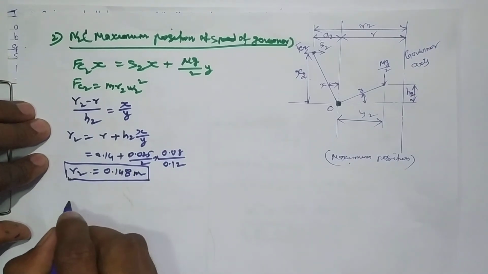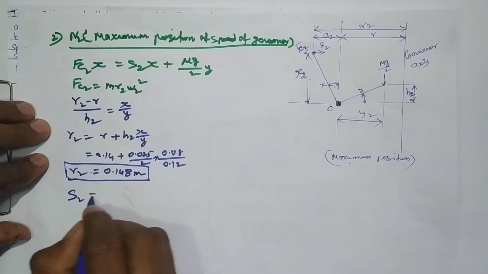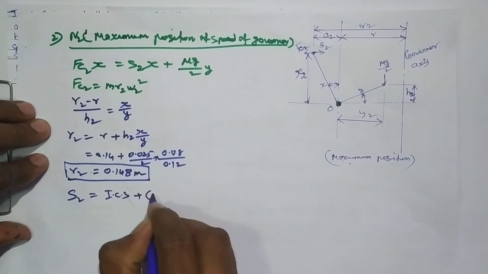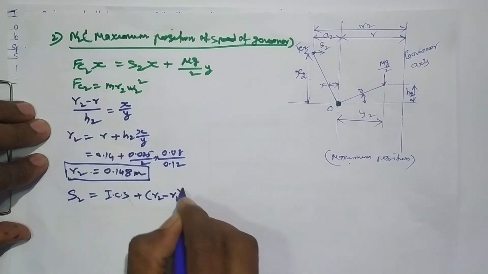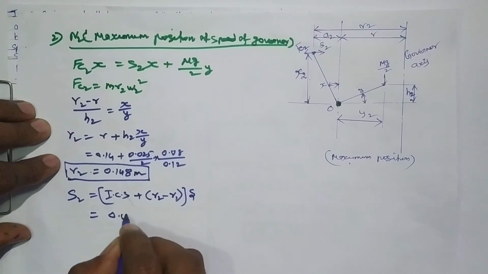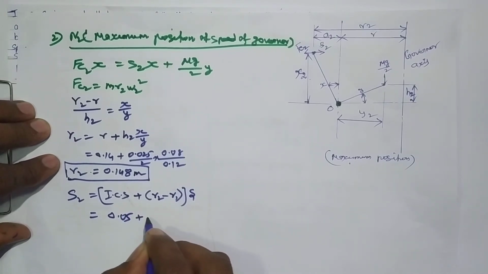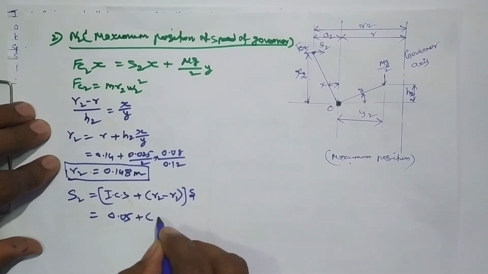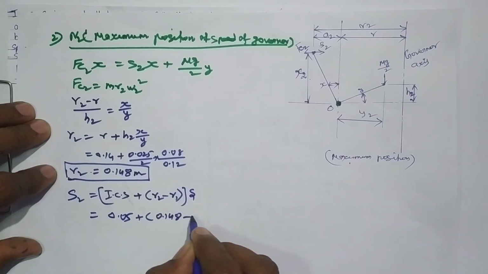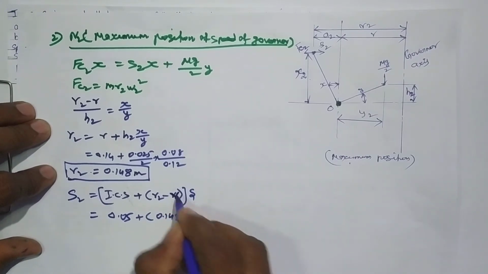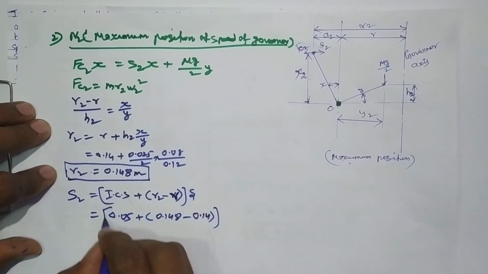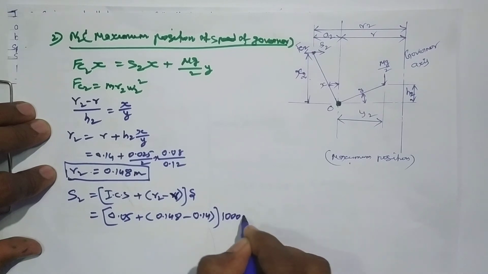So next you find out the S2. S2 is equal to, you know that initial compression of the spring plus R2 minus R1 into spring stiffness. So initial compression of the spring, that is equal to plus 0.05 into R2, you know that 0.148 minus R, this is not R1, this is R, 0.14 into 10,000.